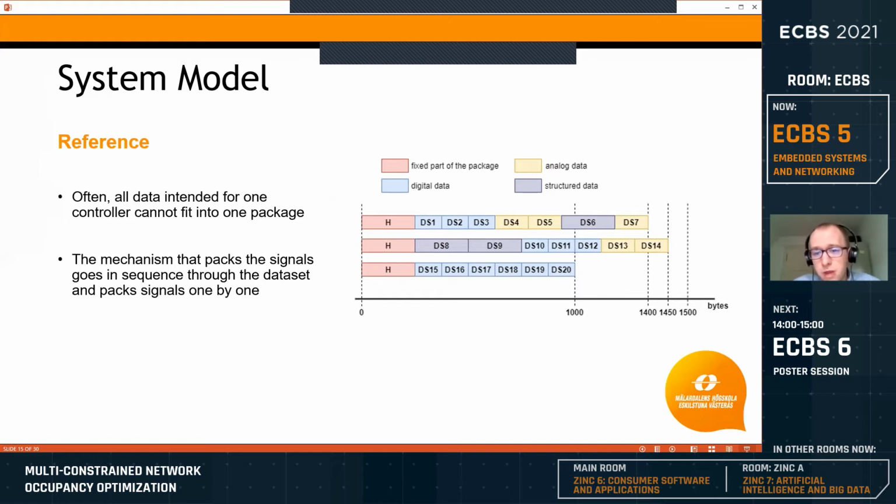And we create as many packages as must be created. It's, of course, not very optimal, but that's the reference case that we use to compare with. Often all data intended for one controller, or one data set, cannot fit into one package. So as you can see in the picture here, it can happen that packages are not fully utilized.